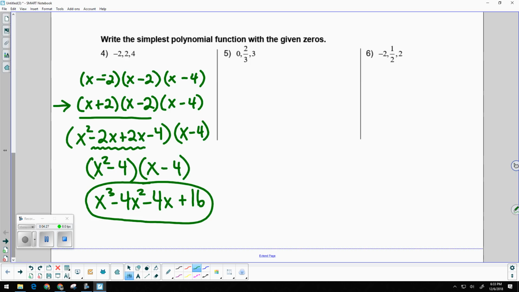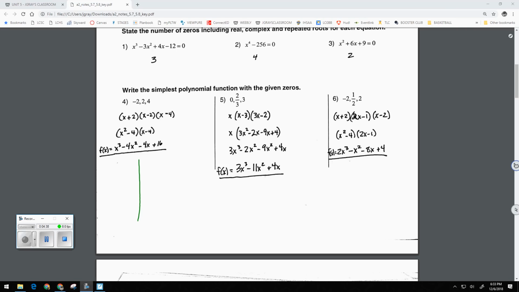If you want to know what the answers are for 5 and 6, you could jump back to the website and take a look, or you can check this out here. There you have the answers to 5 and 6. Notice in 5 that one of our zeros is a 0. That x represents the factor of 0, because it would start as x minus 0, which is just x.